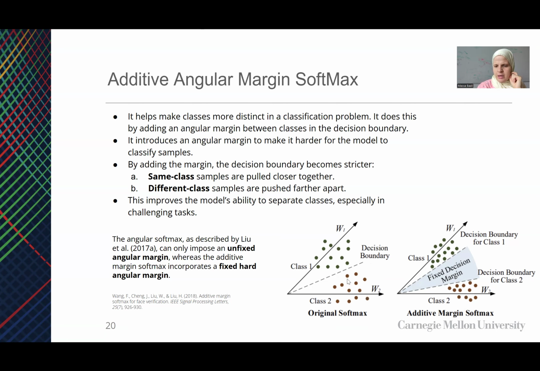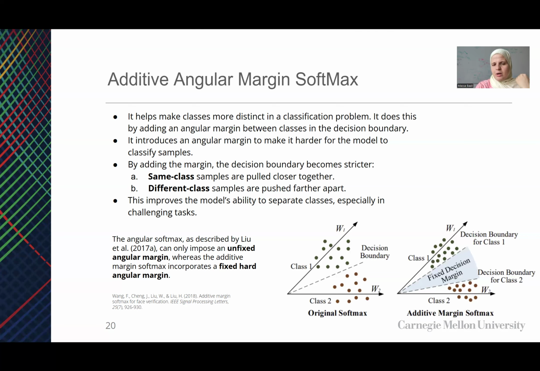You have a decision boundary, but if here you add a fixed decision margin, by adding this margin, you make sure that the decision boundary is becoming stricter. So if they are from the same class, they are pulled closer together.